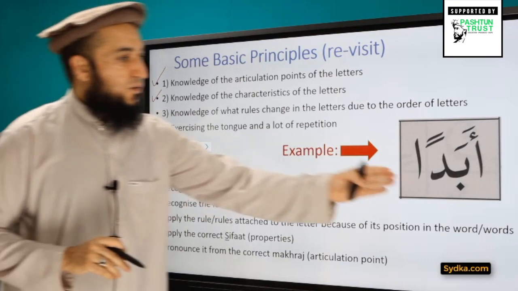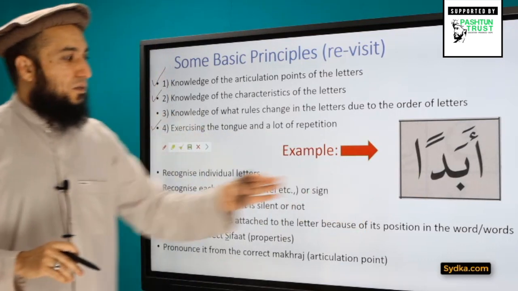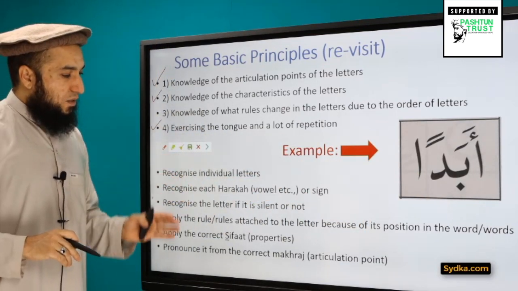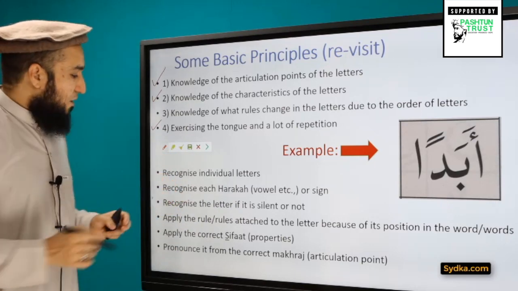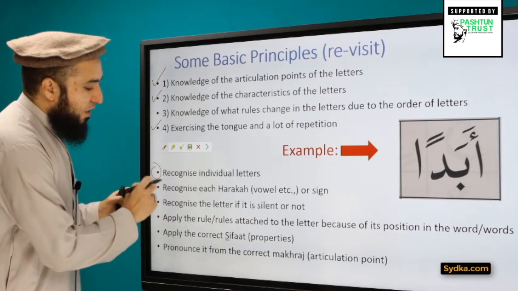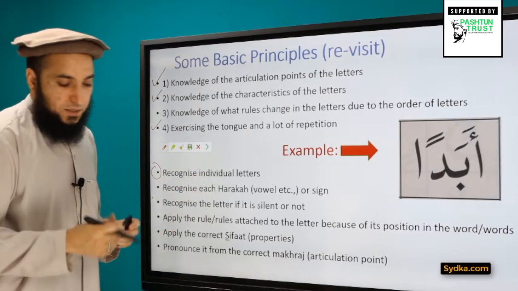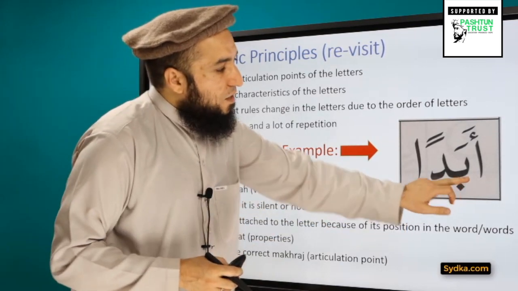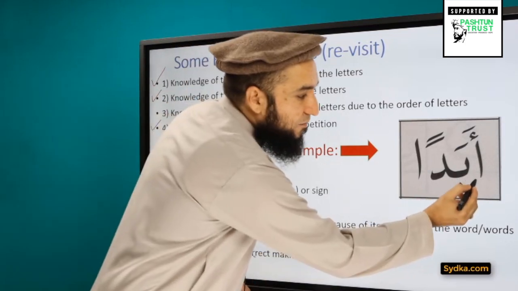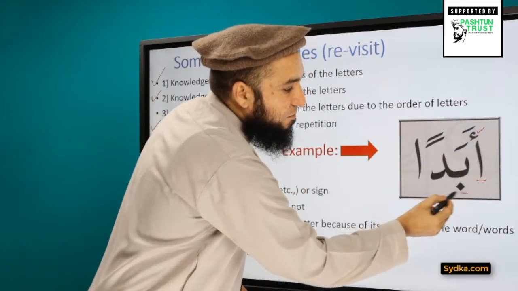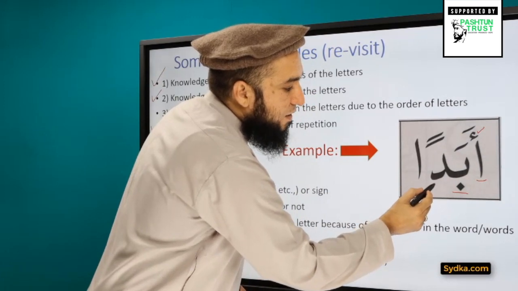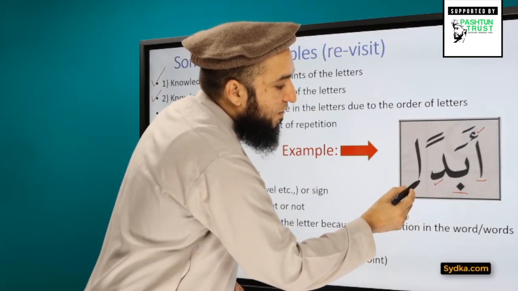So if we are given a word, we have to apply these steps to make our reading or recitation easy. The first one is recognizing individual letters. So if we go to here, the first one is alif, second one is hamza, third one is ba, next one is dal, and the final one is alif.